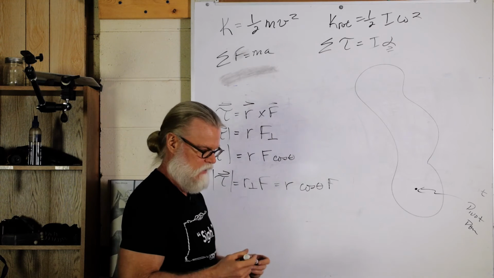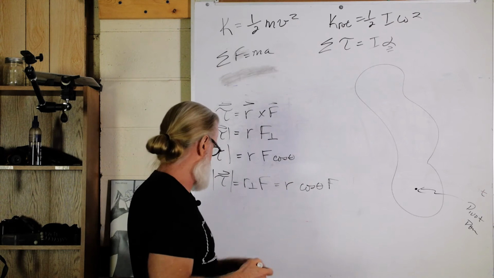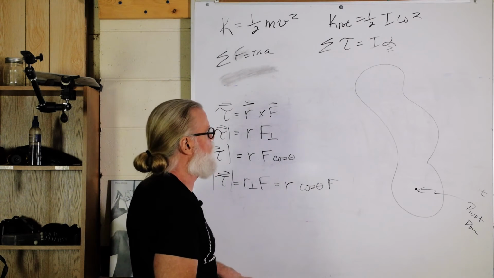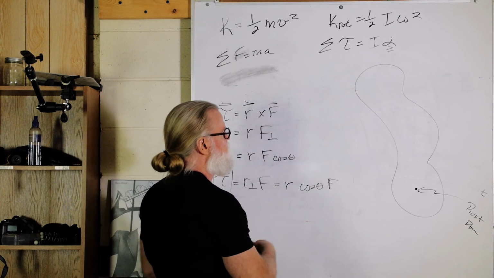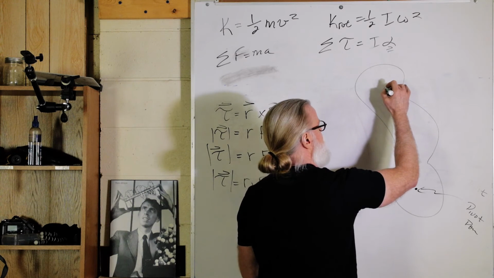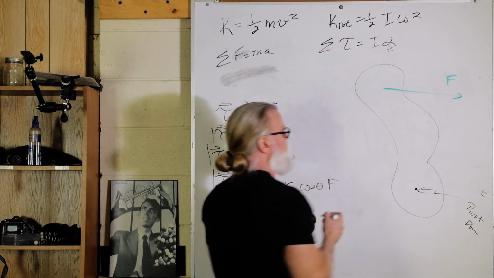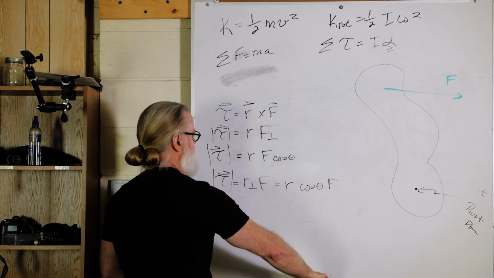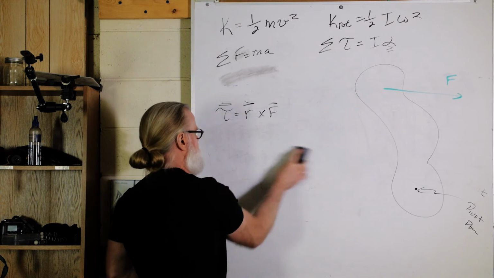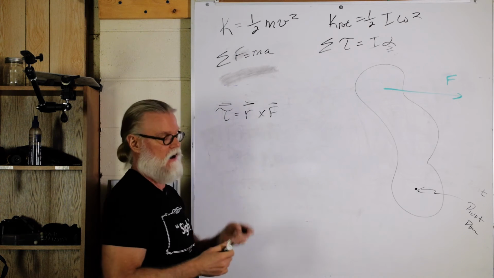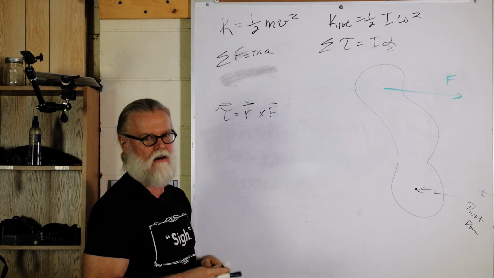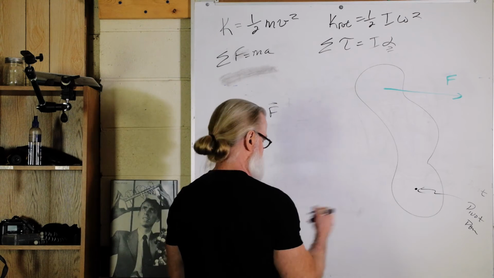So we have our new object, and we have a pivot point right there, and we're going to apply a force like that. There's my force vector. So the torque is R cross F, where we talked about how to get the magnitude. Let's get the direction.